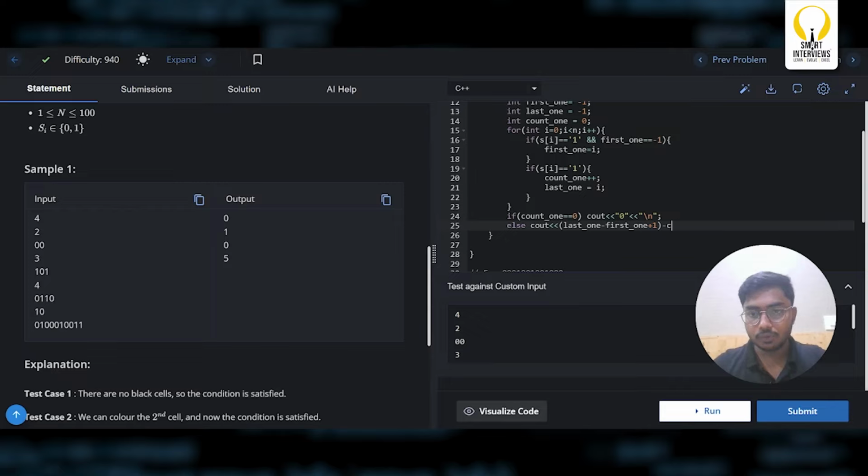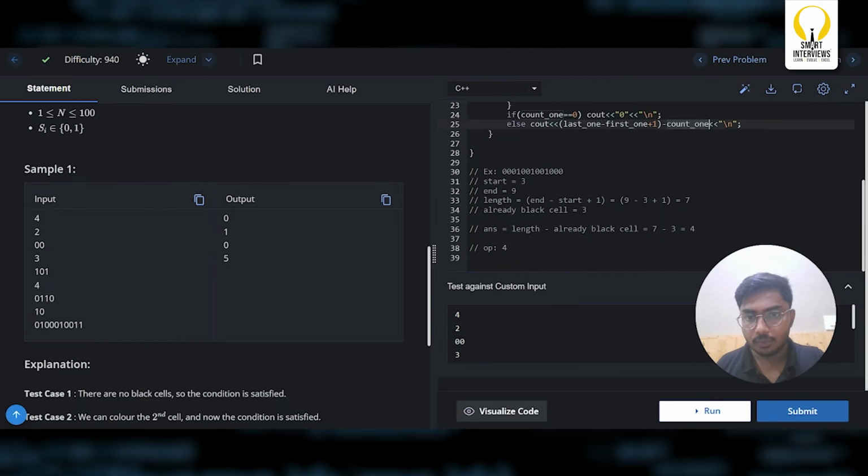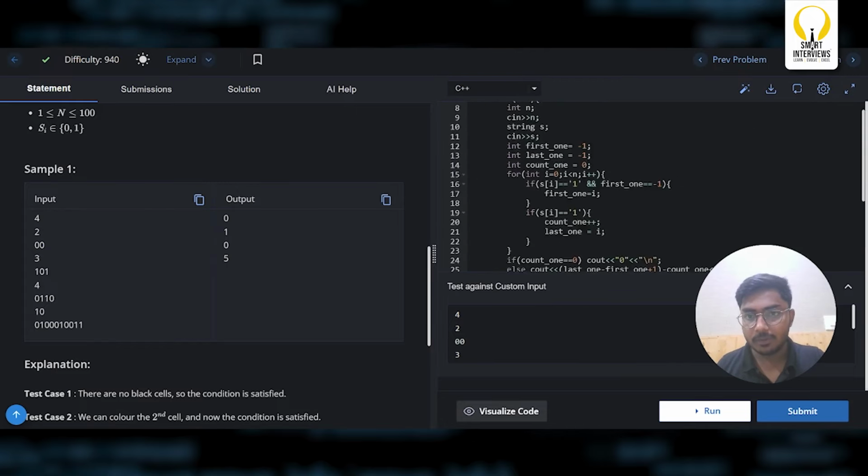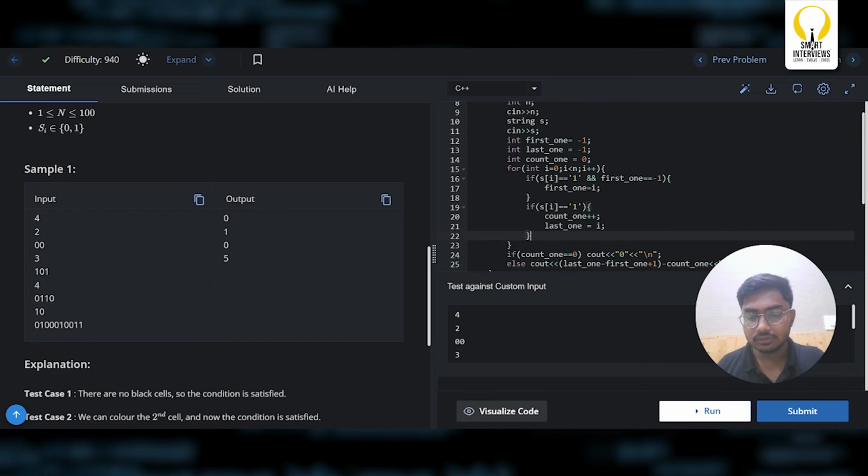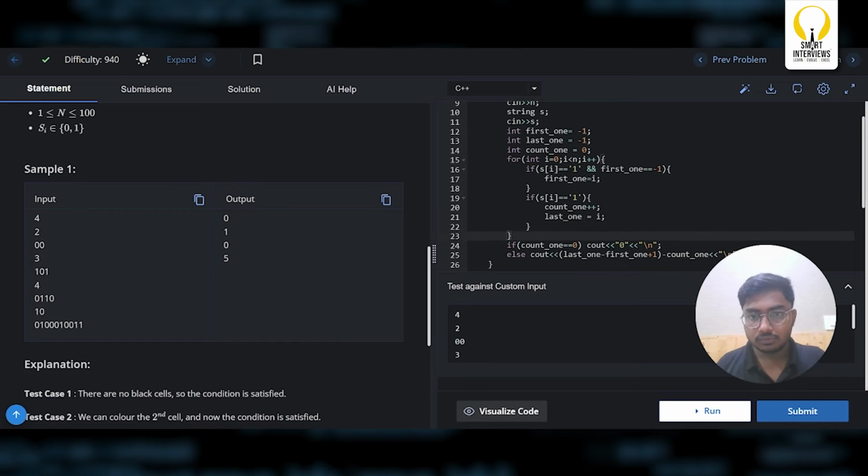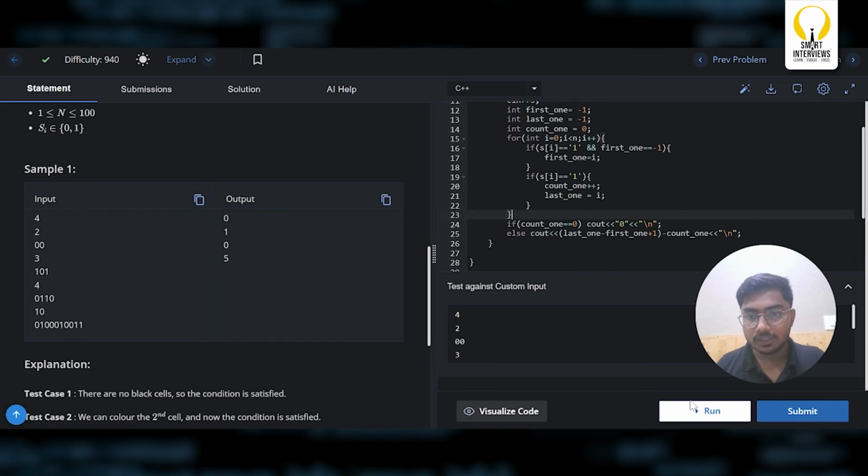Count of 1, I need to subtract them, and that is going to be our answer here. Last one minus first one plus 1 minus count1 here, same as how many black cells we are already having. We need to do so, and that much should be sufficient.